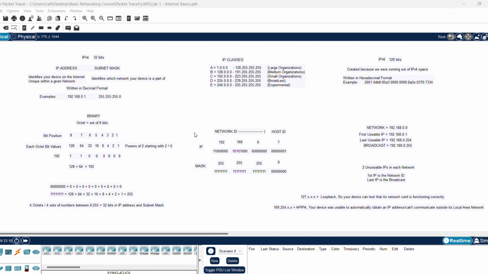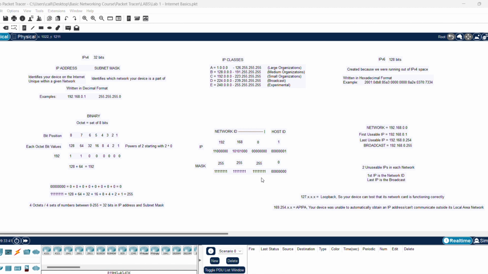Moving forward, let's talk a little bit about networks and hosts. This is how we might further dissect our IP address and our subnet mask. So if we had this IP address of 192.168.0.1, we represented it in binary right here, and then we had a subnet mask of 255.255.255.0, we could represent that in binary here.